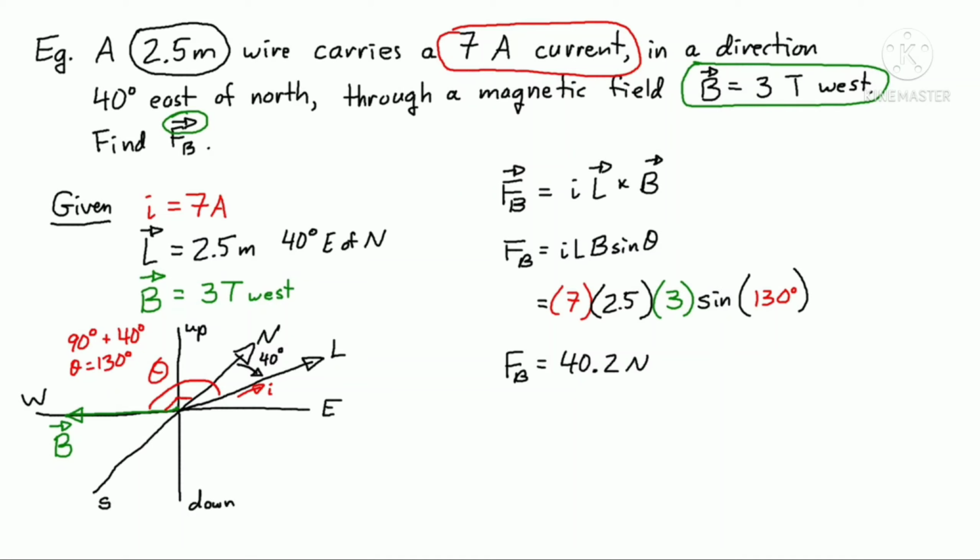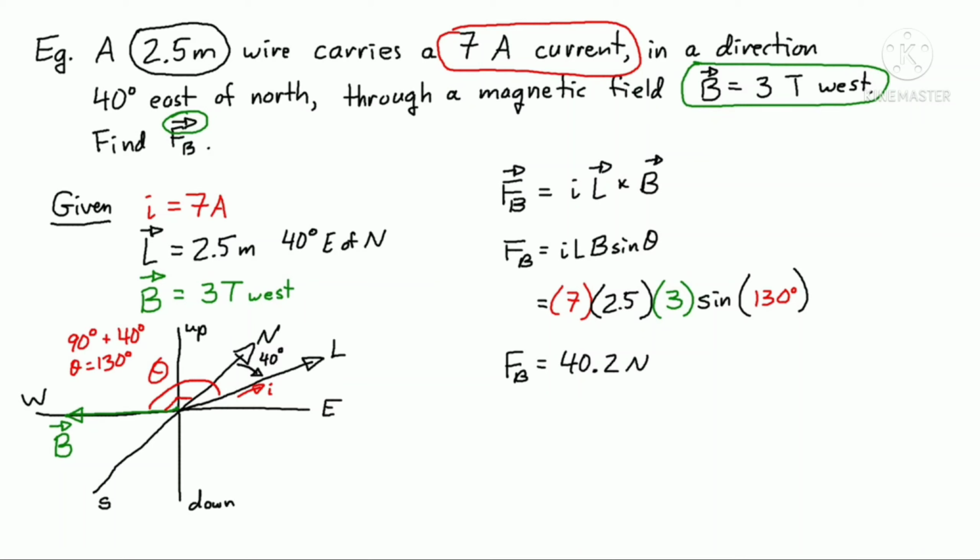Now, this is great. A lot of students at this point say, yes, I have the answer, I'm done. Unfortunately, physics teachers, as I'm sure you are, are a little bit more picky and might say, hey, there's a vector on top of that. Force is a vector, so it has a magnitude and direction.